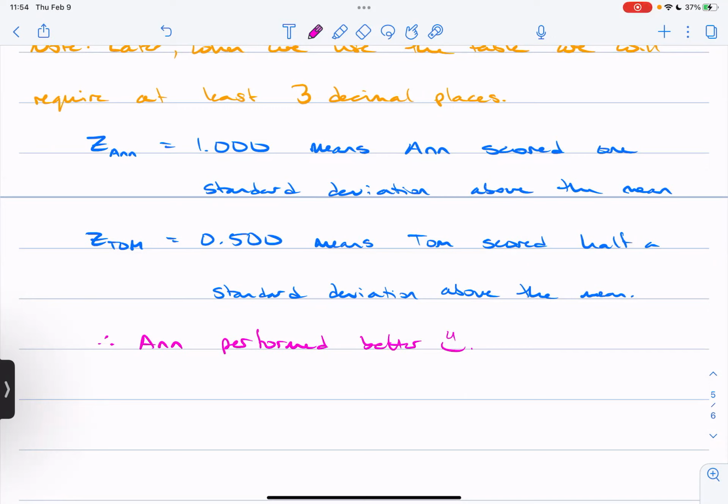Okay. Nice. So the Z scores, we use them to standardize values. Once we have standardized the values, then we'll be able to find probabilities.